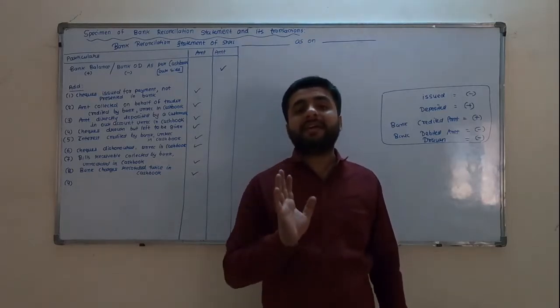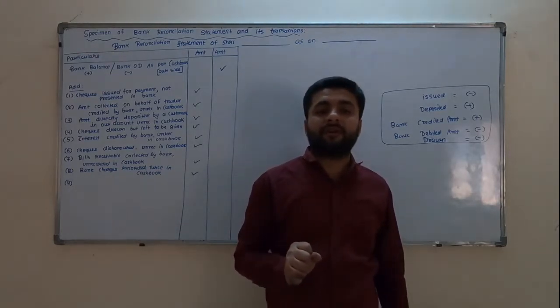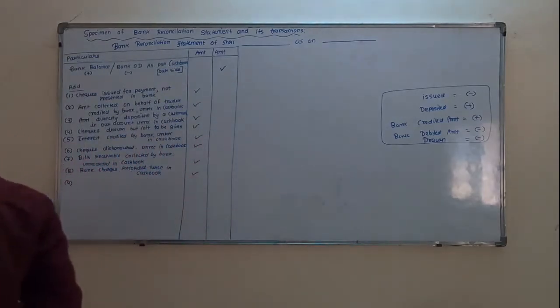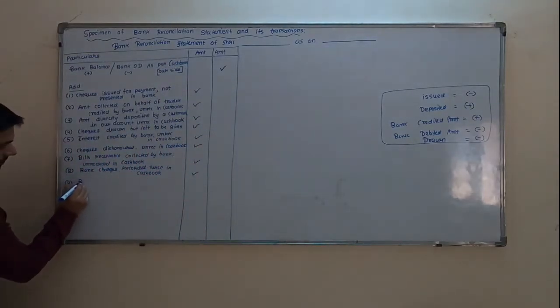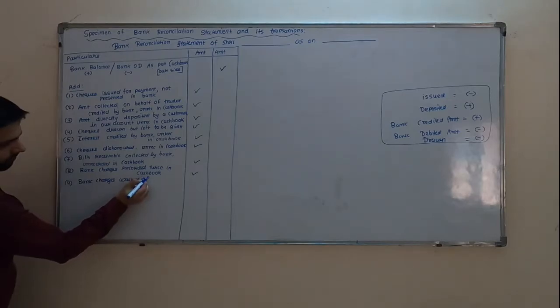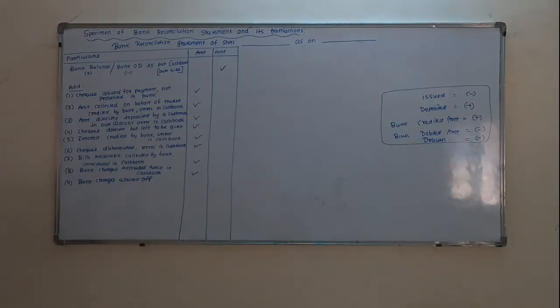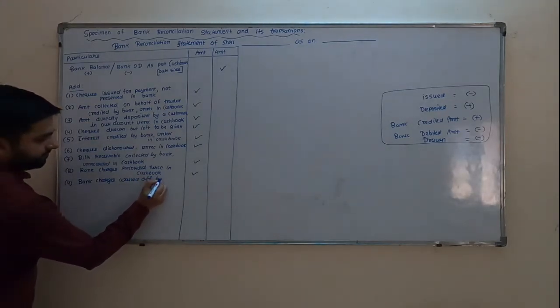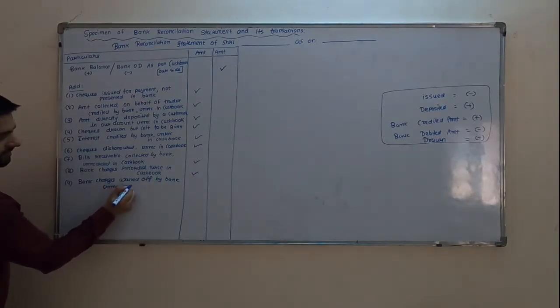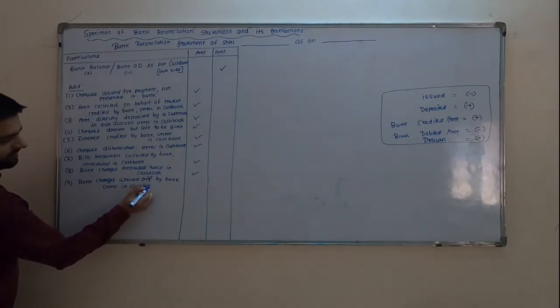So the bank will cancel that charge and again add to our account. If the bank is adding, we will also add. So bank charges waived off by bank, unrecorded in cash book.